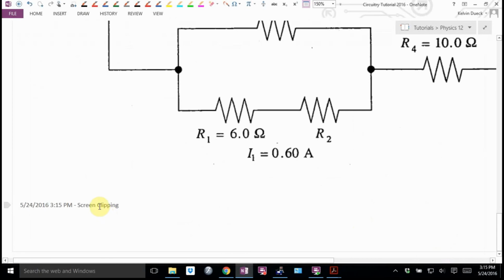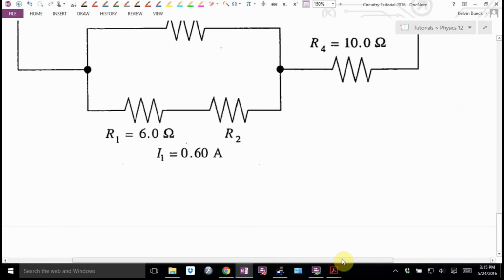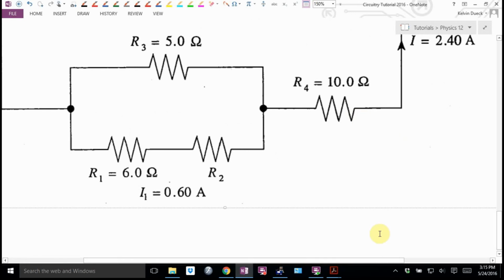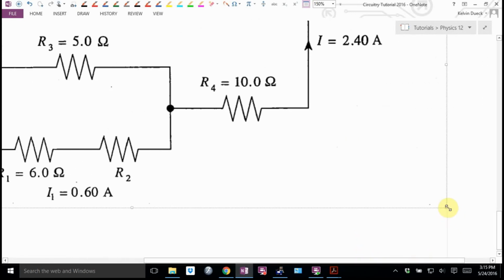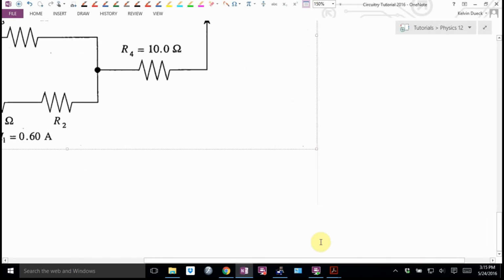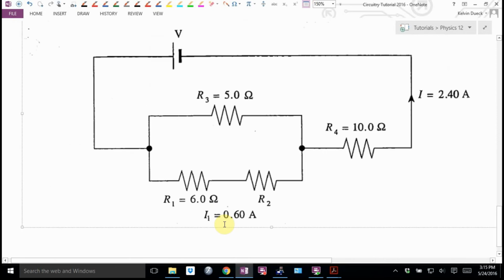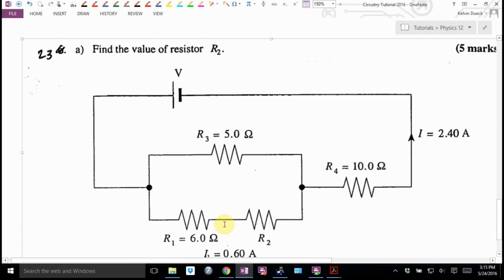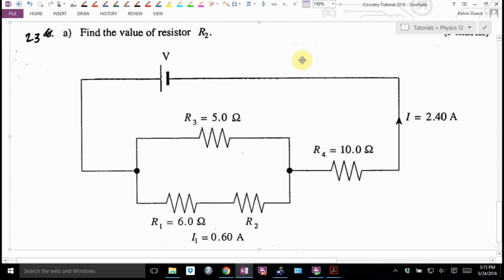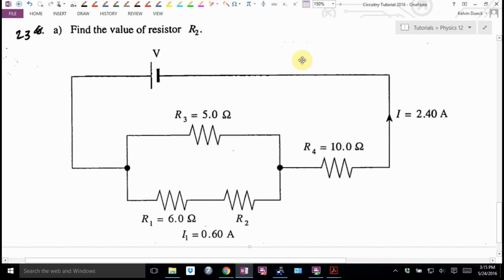Says find the value of mystery resistor R2. Okay. Let me get this all on one screen. Tiny bit. There we go. Find mystery resistor R2.